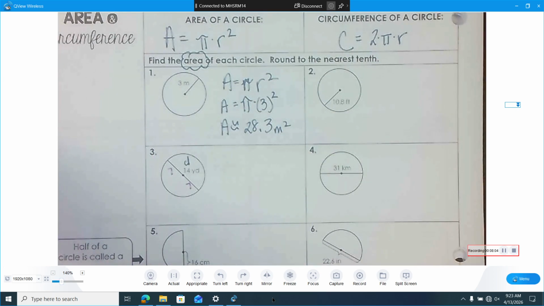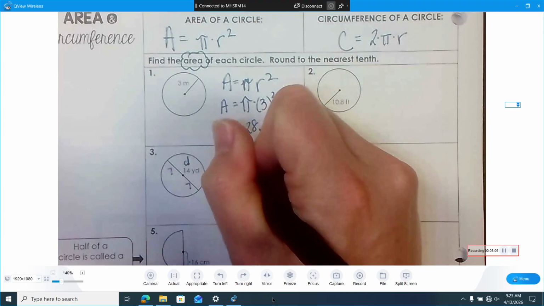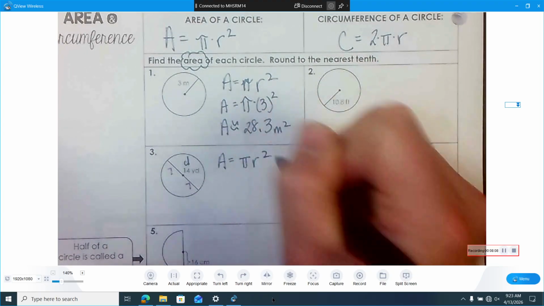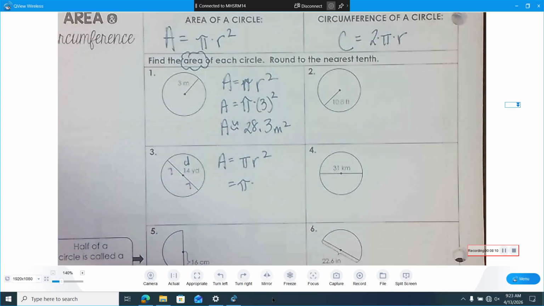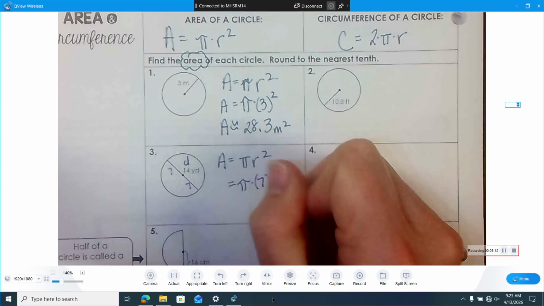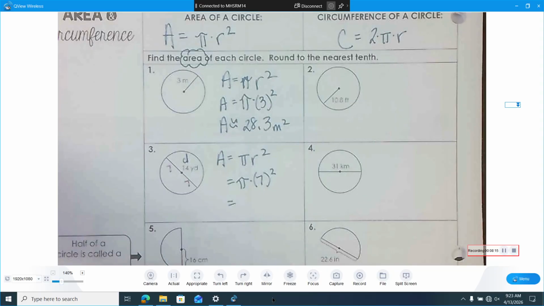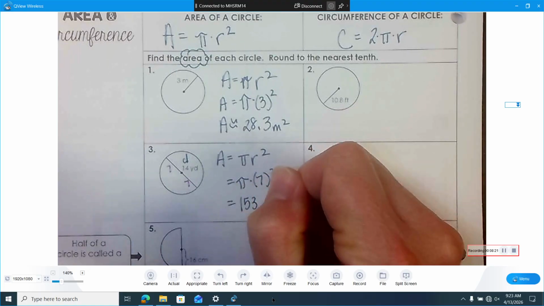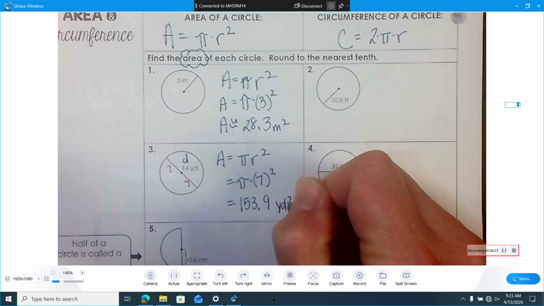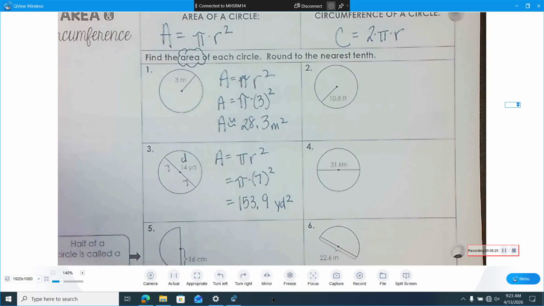Our formula for area is pi radius squared. And so our radius is 7. Will you plug that into your calculator? Pi times 7 squared. 153.9. And again, we're talking about yards in square form. Square yards.